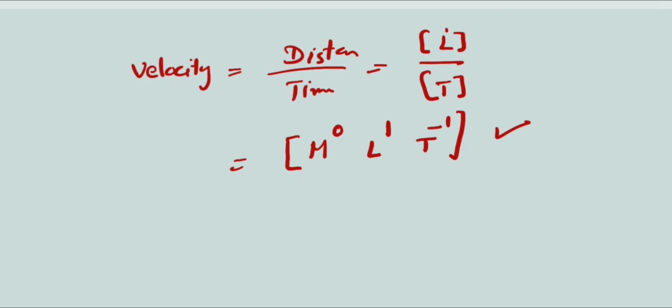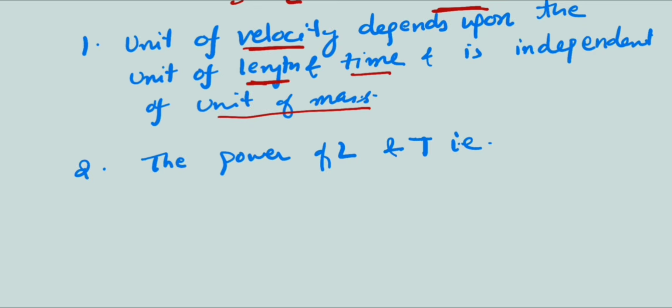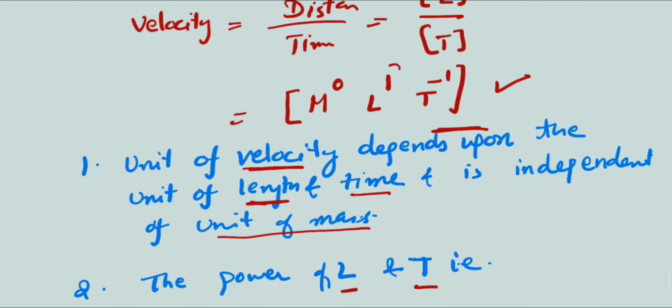If we see this dimensional formula of the velocity, it is telling us two things. Number one, the unit of velocity depends upon the units of length and time, and it is independent of the unit of mass. Second, it gives the powers of length and time: here the power of length is 1 and the power of time is minus 1.